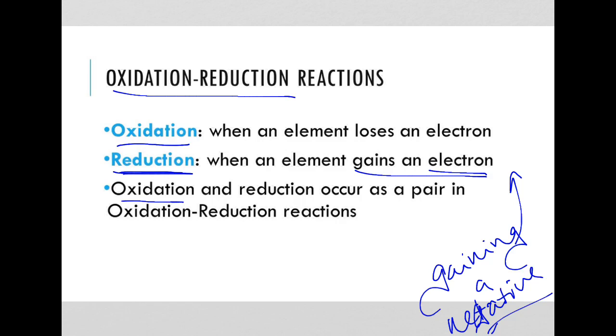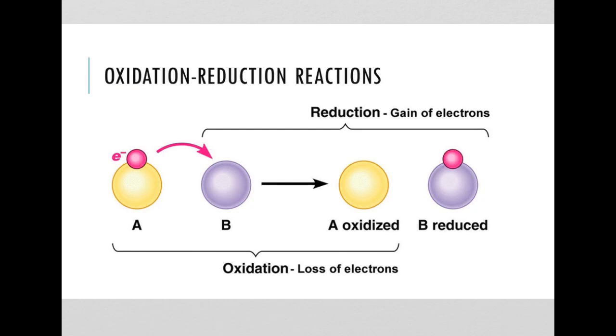And so oxidation and reductions tend to occur in a pair. One atom gains and one atom loses, and they tend to occur in a pair as oxidation-reduction reactions. And so here we can see atom A starts with the extra electron and gets oxidized. So now we have A, which is oxidized, and B gains that electron, and then we ended up with a version of B that is reduced.